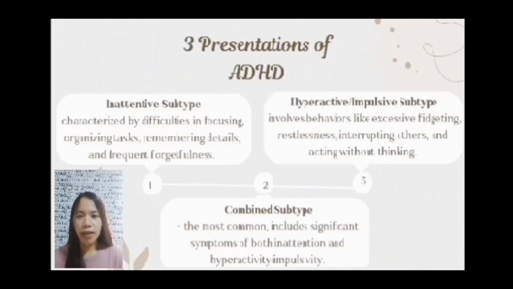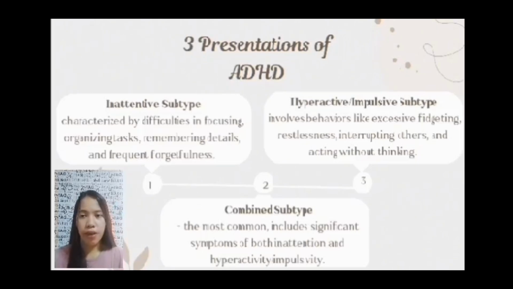Next is hyperactive impulsive subtype. It involves behaviors like excessive fidgeting, restlessness, interrupting others, and acting without thinking. So this type is more noticeable po, especially sa boys, as the symptoms are often disruptive in classrooms or social settings. And the last one is combined subtype.